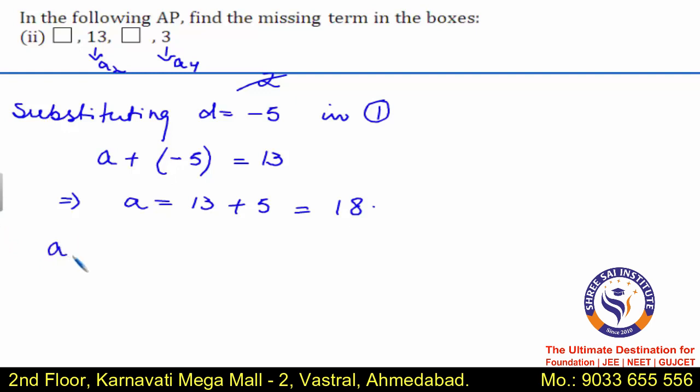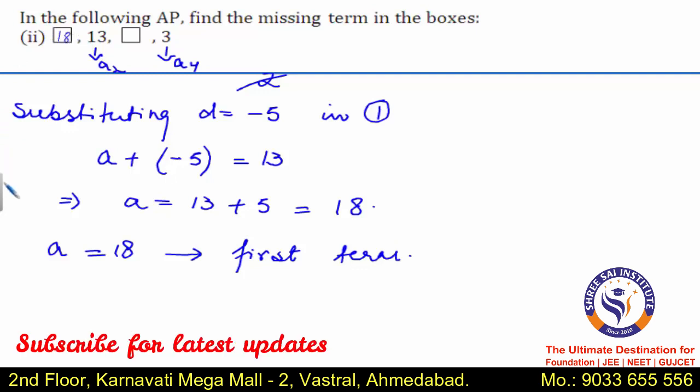Hence, A is equal to 18, and this is the first term. So here we have the first term, 18, and now let us find the third term.